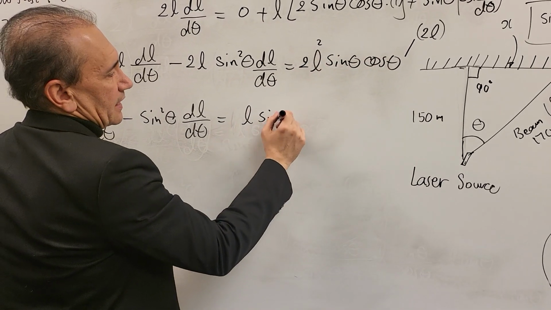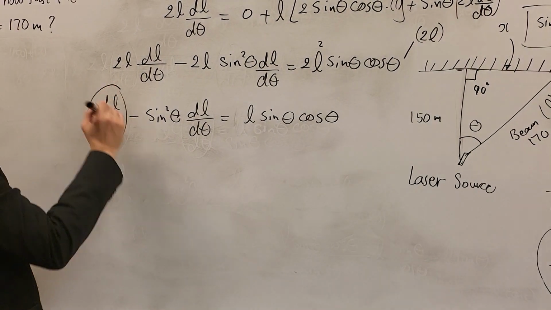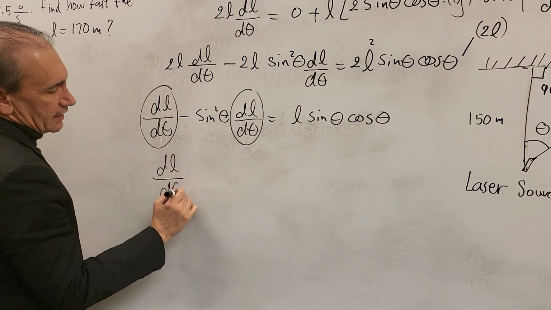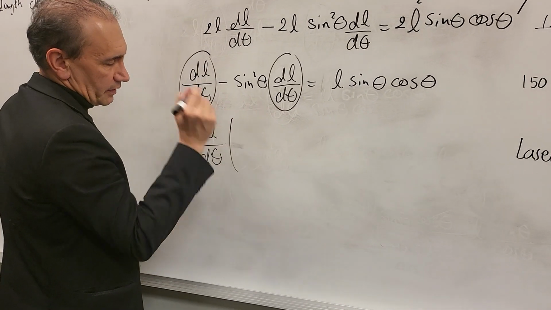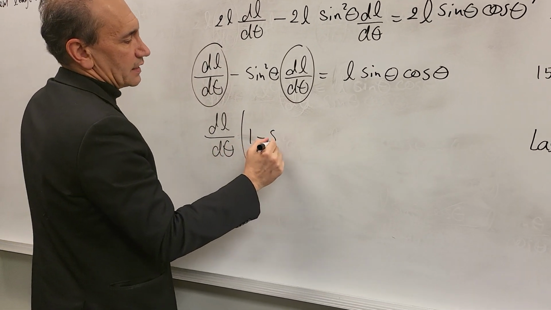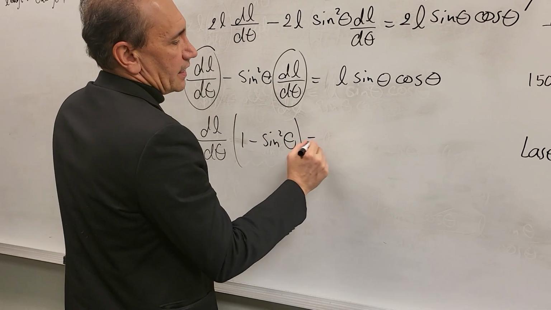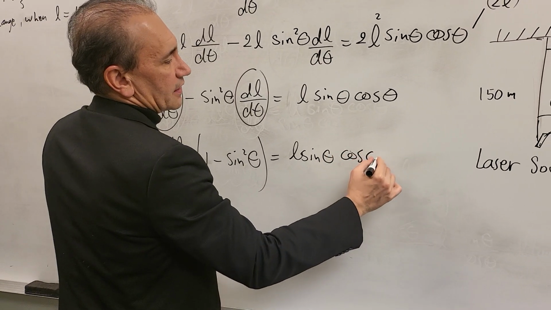So L sine theta cosine theta. Now I'm going to take this as a common factor. I'm going to open a bracket. So it's 1 minus sine squared of theta. Here we go. And then we have L sine theta cosine theta.